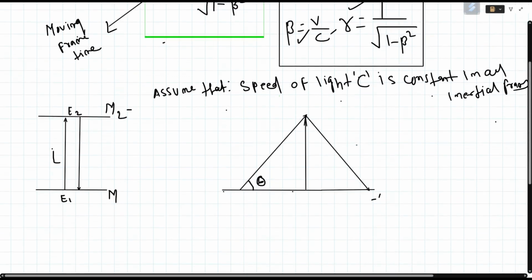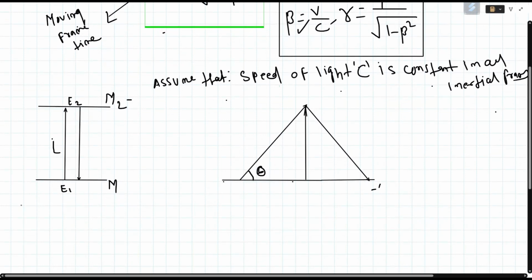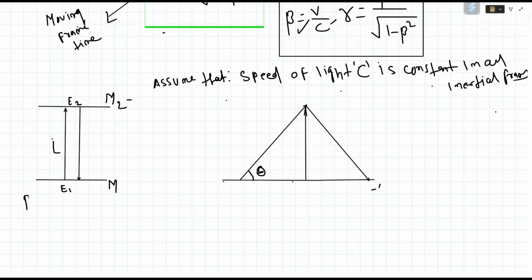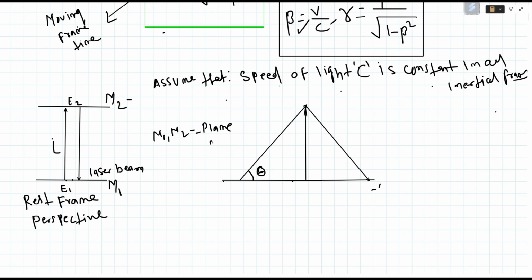From the rest frame perspective, suppose that we have a laser beam, and from point E1 it goes to E2, and here M1 and M2 are plane mirrors.